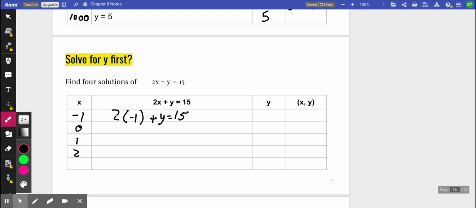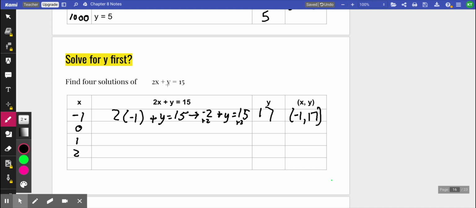Okay, so 2 times -1, I'm just going to write this over here, is -2 plus y equals 15. So what would I have to do to solve this for y? I'd have to add 2 to both sides. So we get y equals 17. So -1, 17 is a coordinate. So you can see that I plugged it in and then I had to solve later.